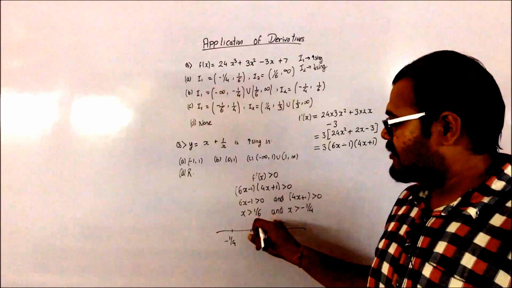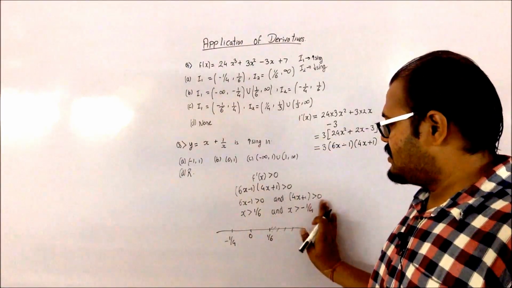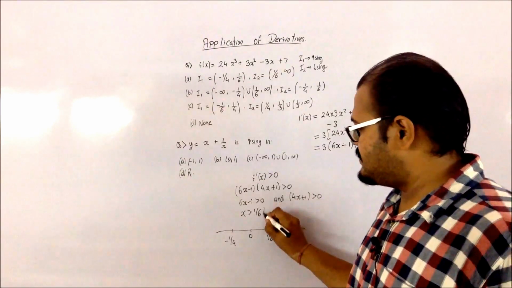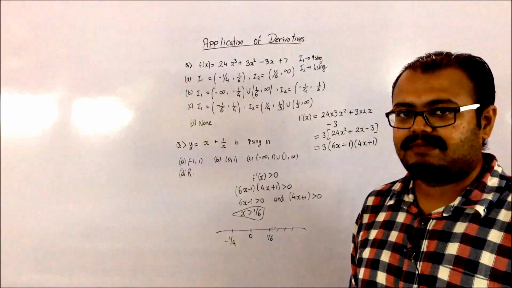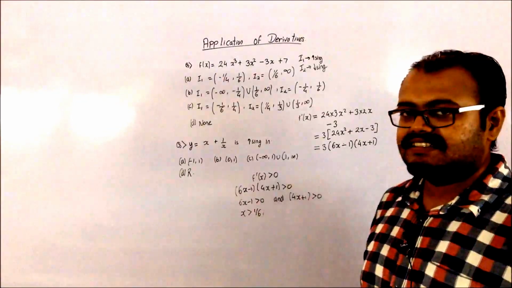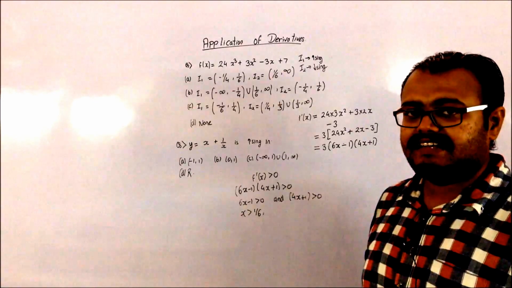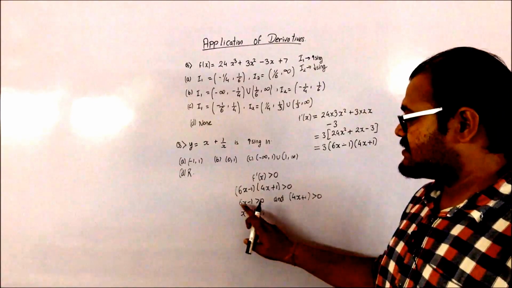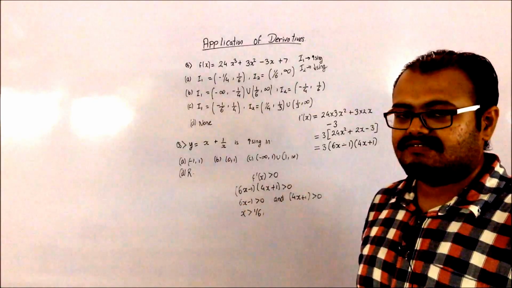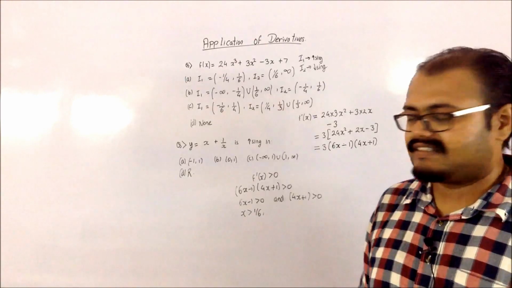So if I want the combination of both, it is this particular region. Both these conditions are satisfied only when my x is greater than 1 by 6. The other condition I require is that both of them can be negative, because a product of two negatives still gives a positive answer.